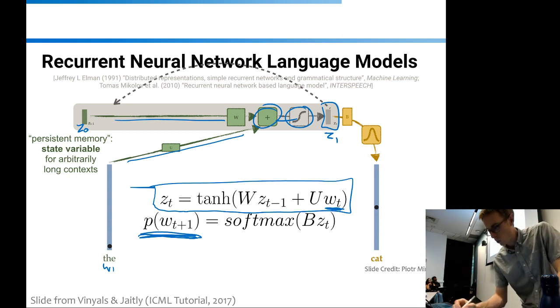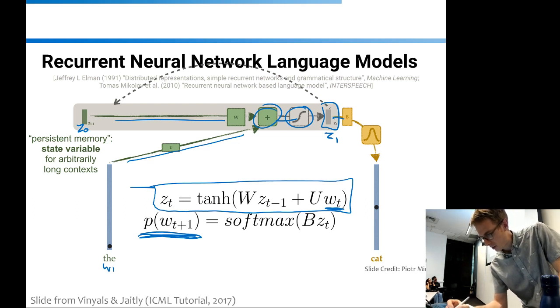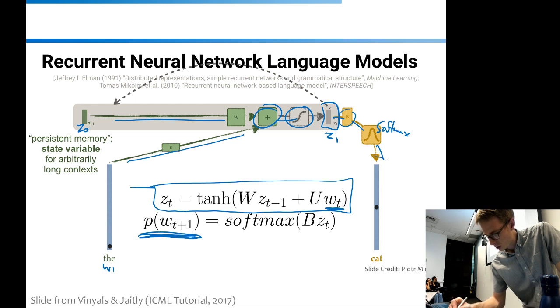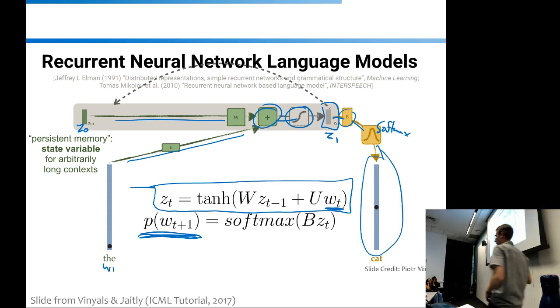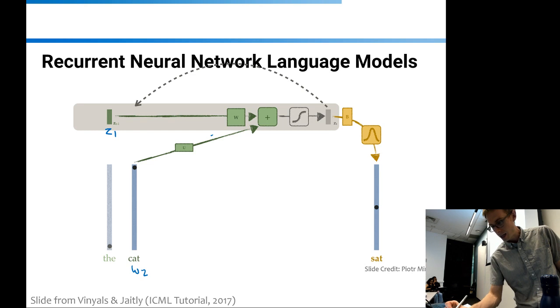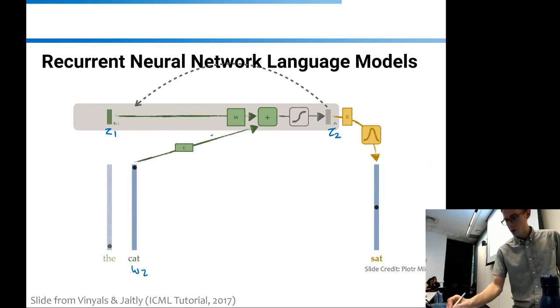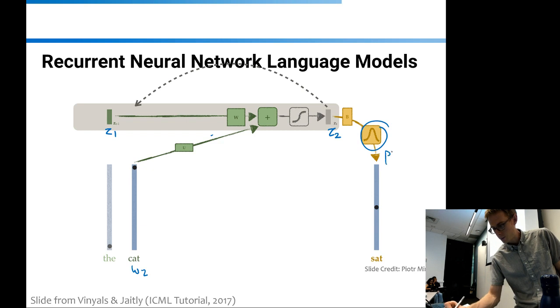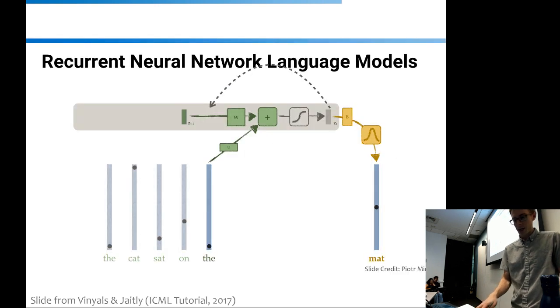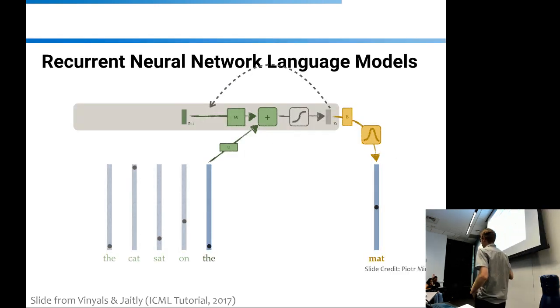And we can use that z1 by multiplying it with another matrix B and passing it through a softmax, and the result will be a distribution over the entire vocabulary. So next we feed in word w2. We already have z1 from the previous work, and that's going to give us z2 and a distribution again over P of w3. Okay. So we can walk down the line and we get a distribution at every time step.